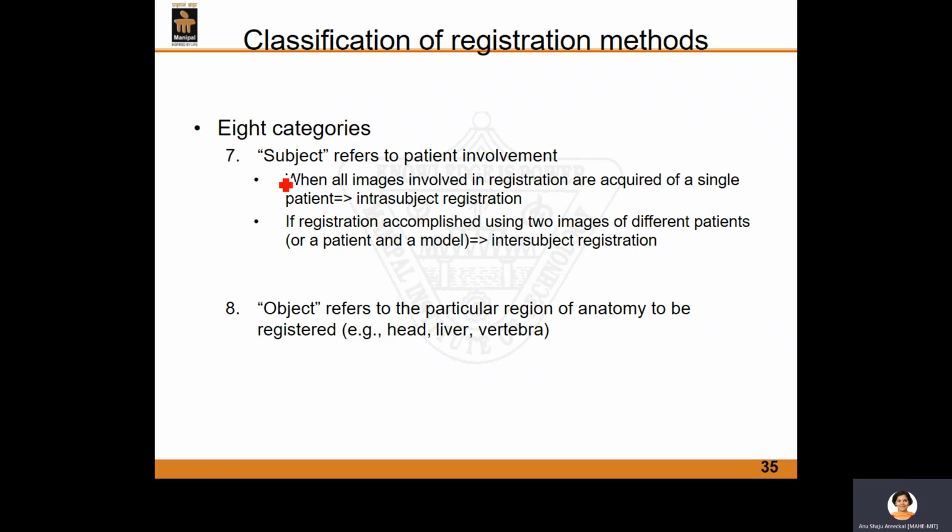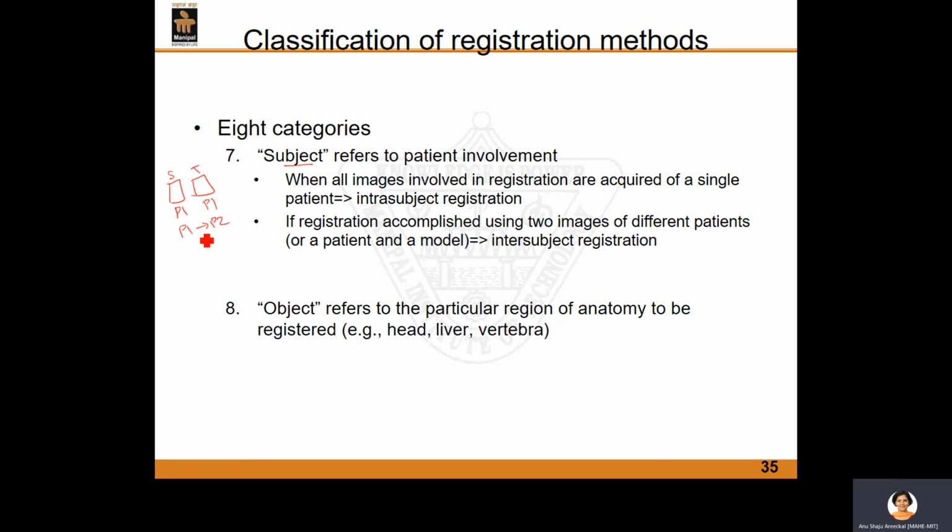So yet another category of image registration is the subject, depending upon the subject which is used. That is, if I'm considering two images, again the source and the target image, is the subject or the patient that I'm using for the source and the target the same, or am I trying to register two images of different patients?